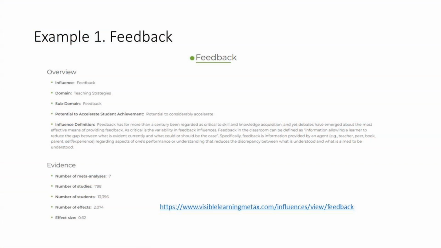They also point to metacognition and self-regulation as matching the same criteria, that is, low-cost, high-impact strategies to improve academic achievement. On John Hattie's database, the Visible Learning MetaX database, we also see feedback ranks right up there with the remainder of his 300 plus influences and how they impact academic achievement.